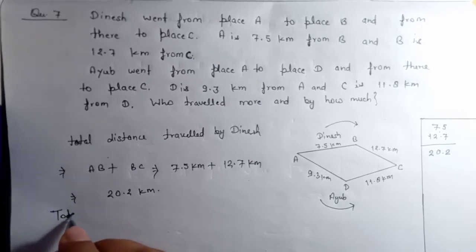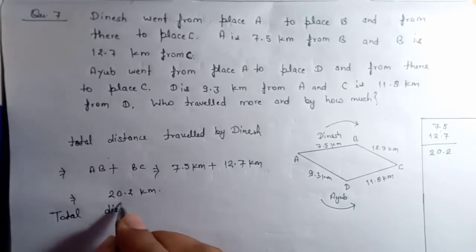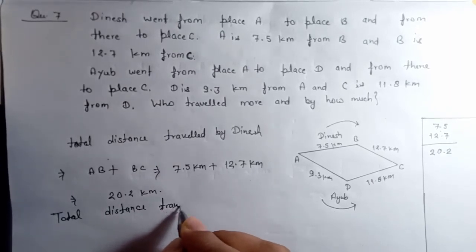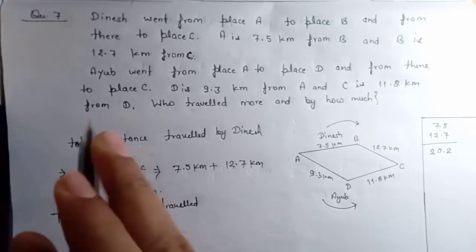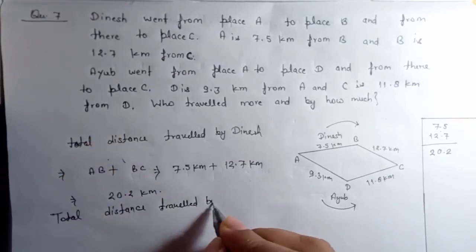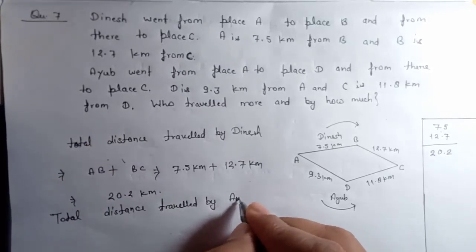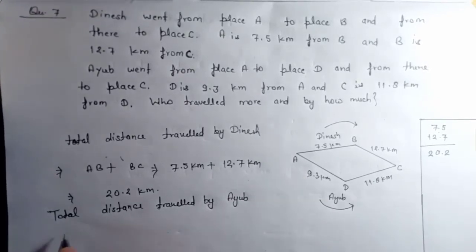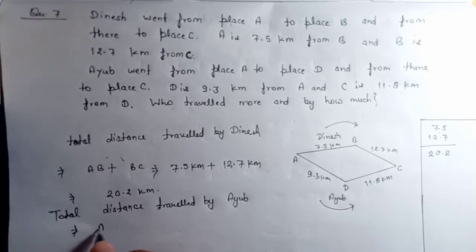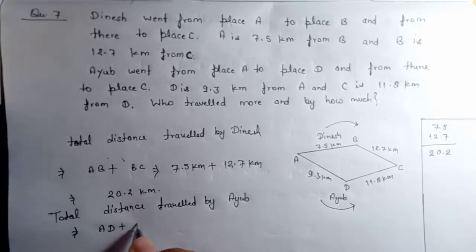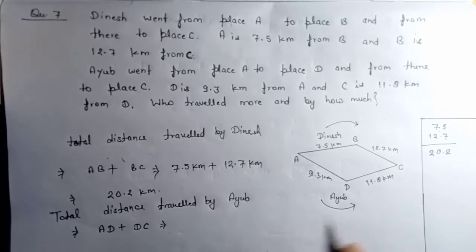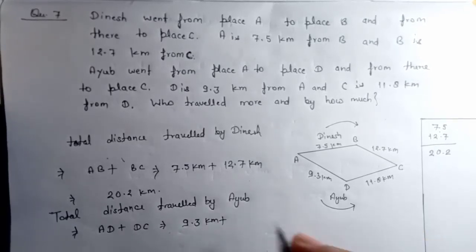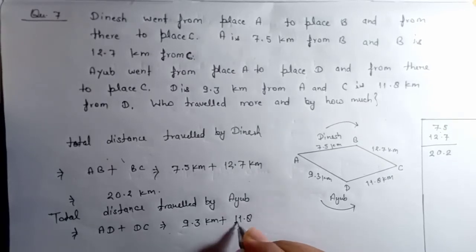This is the total distance travelled by Dinesh. Now find the total distance travelled by Ayub. Ayub travelled from A to D, then D to C, and A to D is 9.3 kilometer and D to C is 11.8 kilometer.